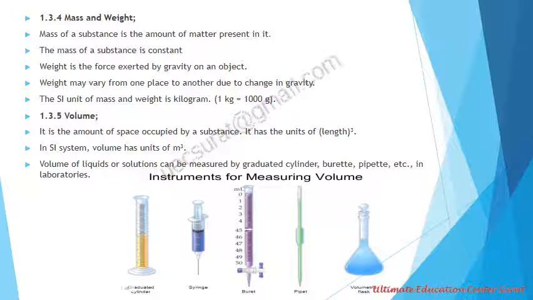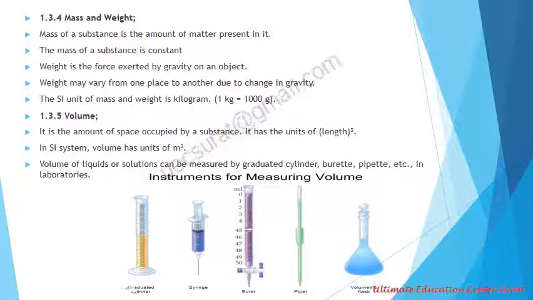What is volume? Volume is the amount of space which a substance occupies. It has units of length cubed. How is it so? If you look around, suppose a paperweight is put on the table, it occupies certain space on the table, right?